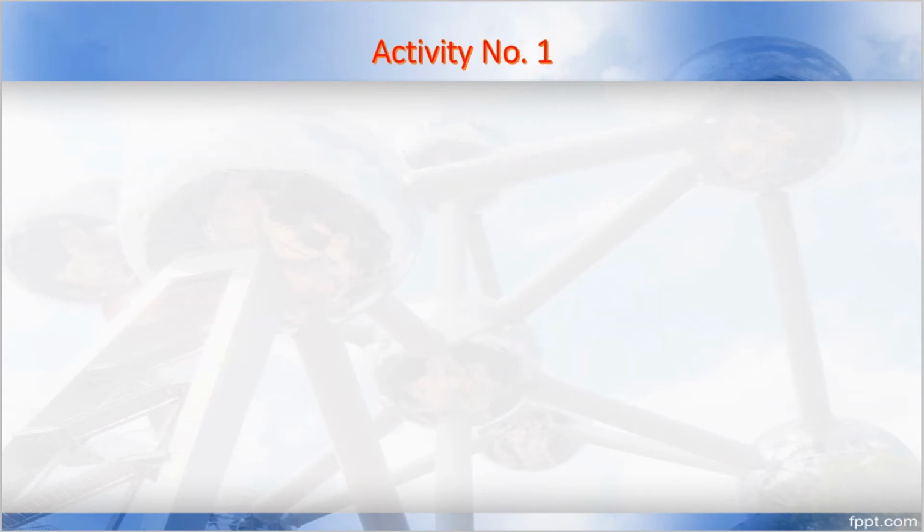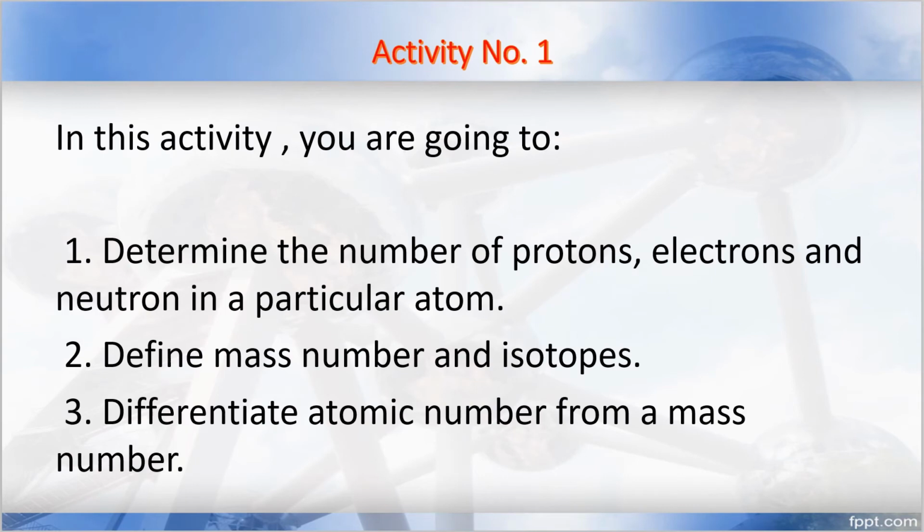To better understand this lesson, let's start by performing the first activity. In this activity, you are going to, number 1, determine the number of protons, electrons, and neutrons in a particular atom. Number 2, define mass number and isotopes.